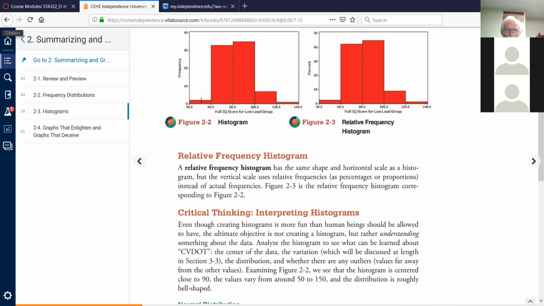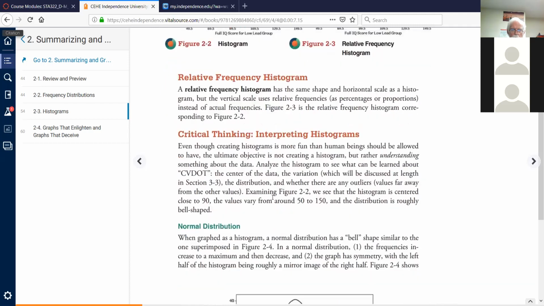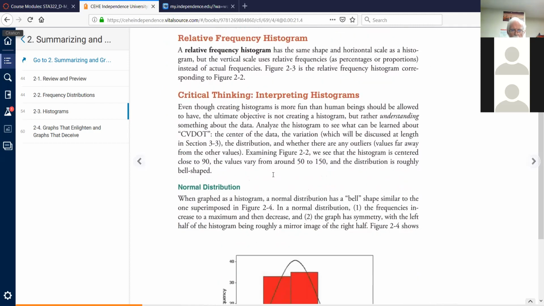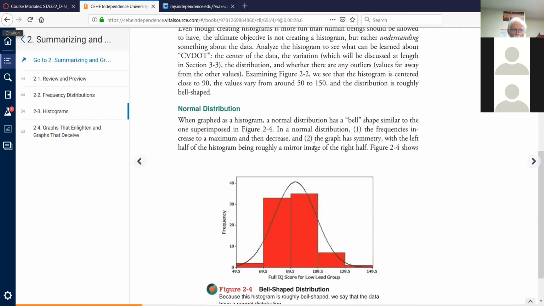In other words, there ought to be a low number in the first class, a high number in the second, slightly higher in the third, lower in the fourth, and then again much lower in the fifth, reflecting this. So whether you use relative frequency or just the frequencies, they should look exactly the same. Even though, okay, the ultimate object is not creating, but rather understanding.